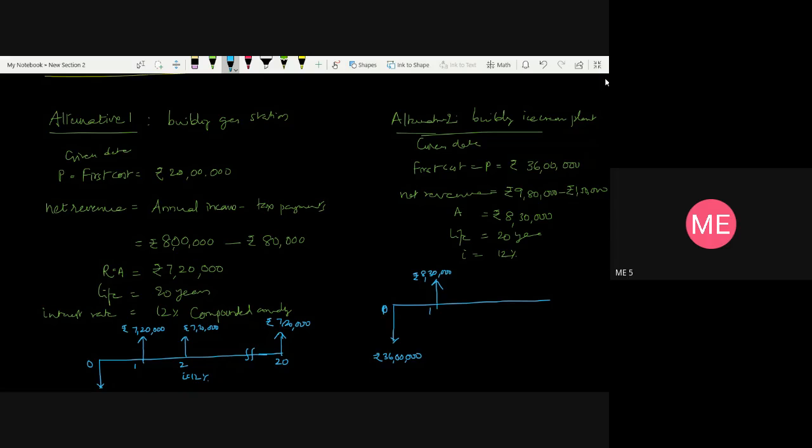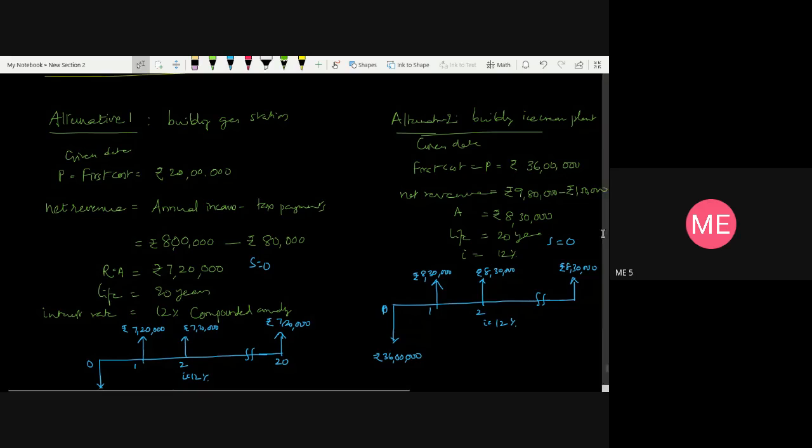Similar to the present worth calculation procedure, the only thing is we are going to calculate the future worth, meaning a compounding calculation. There is no salvage value here, so salvage S is equal to 0 in this case as well. Then I is equal to 12%. This is the cash flow diagram for the given problem.